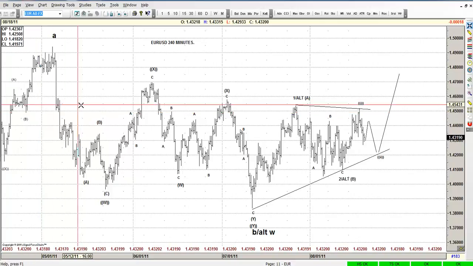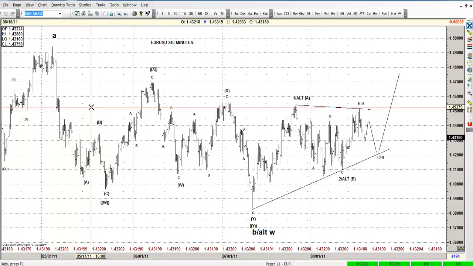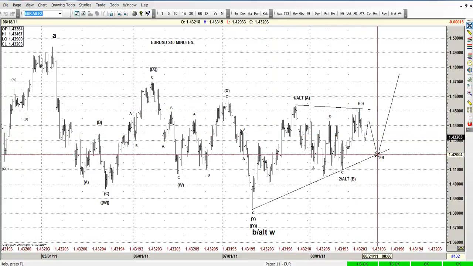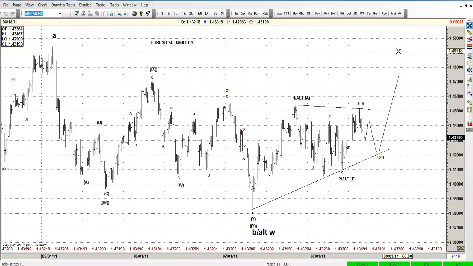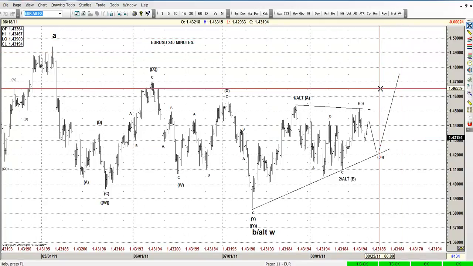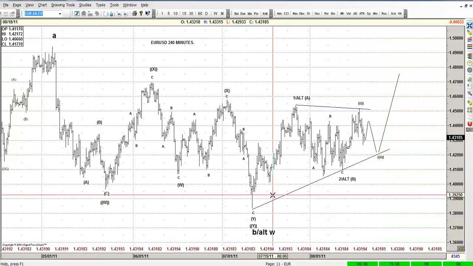The euro, again, for a scenario. I'm going to start from the most bullish to the less bullish scenario. The most bullish: 1, 2, 1, 2, higher. That's the most bullish, to 152. The second bullish, in other words the less bullish, is going to go like this.